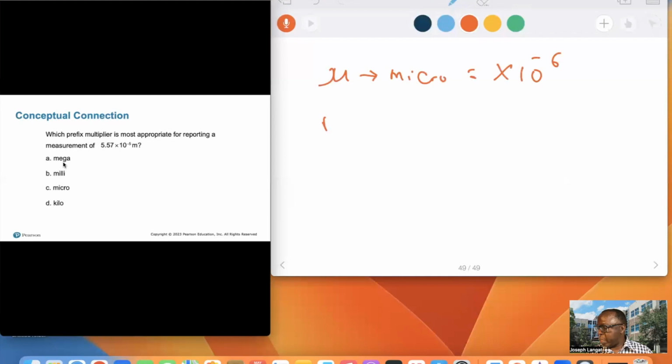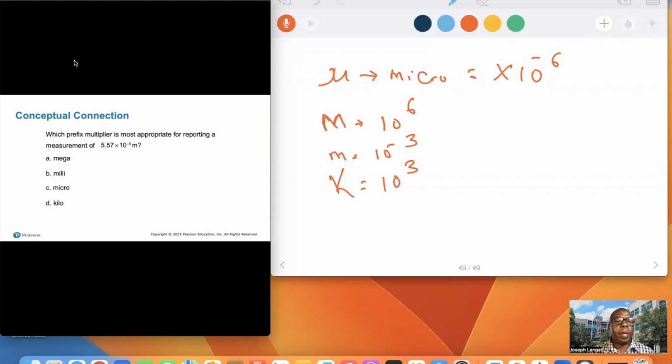Mega, 10 raised to 6. Milli, 10 raised to negative 3, and kilo, this is 10 raised to 3.